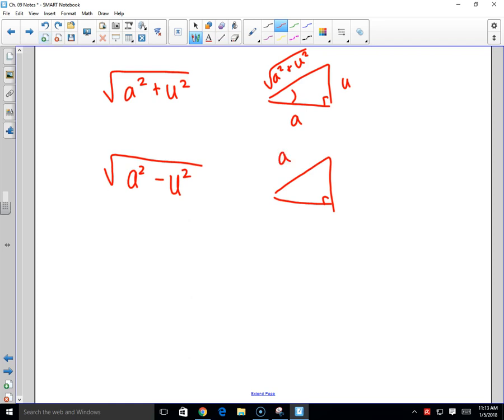It has to be A. Then we could still make that guy U. We could do a squared minus u squared. Technically, just from the geometry, we could switch it up, and it would still be right. But one of them will be simpler than the other.